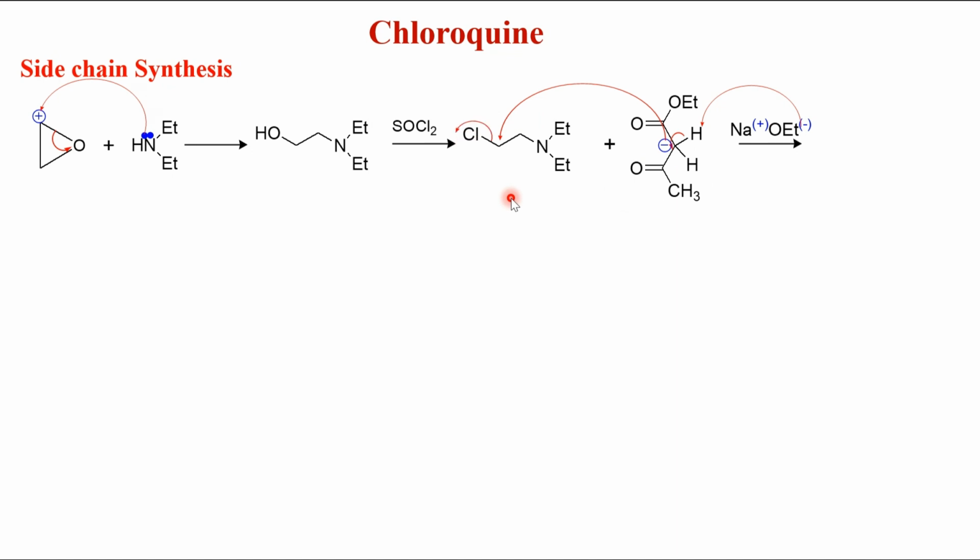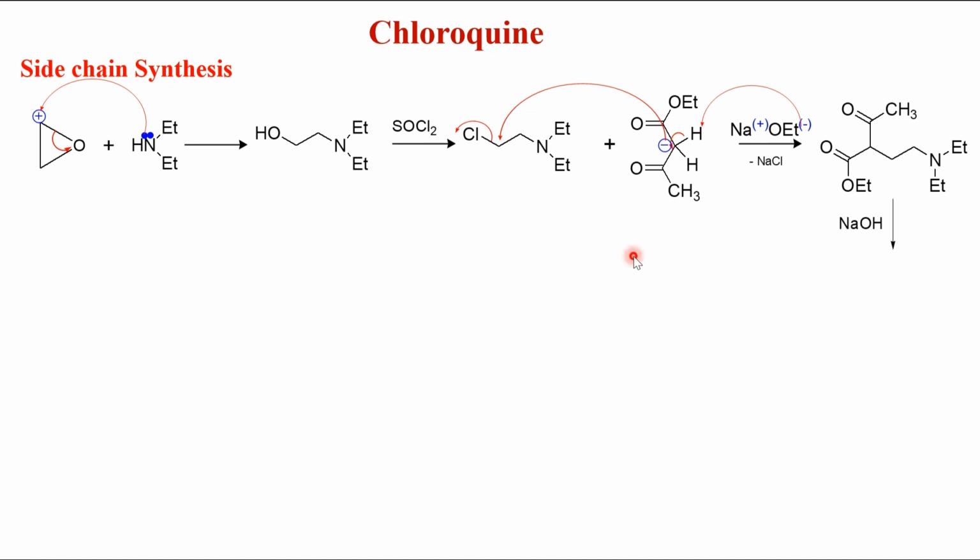The chlorine being the easy leaving group is lost as chloride, and that chloride ion combines with sodium to be lost as sodium chloride, and I will get the corresponding bond formed between the ethyl acetoacetate carbon and the diethylaminoethyl carbon.